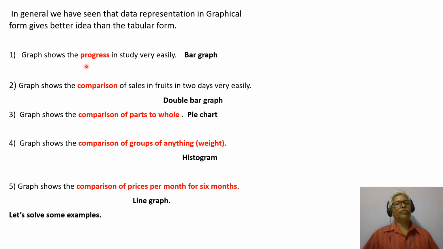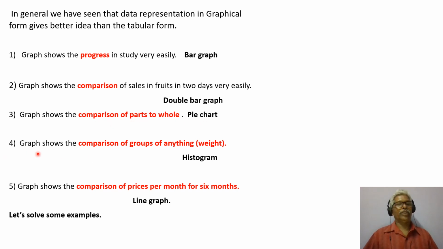One: a graph that shows progress in study very easily, it's a bar graph. You know this. Second: a graph that shows comparison of sales of fruit on 2 days very easily, a double bar graph. Third: comparison of parts to whole, pie chart.